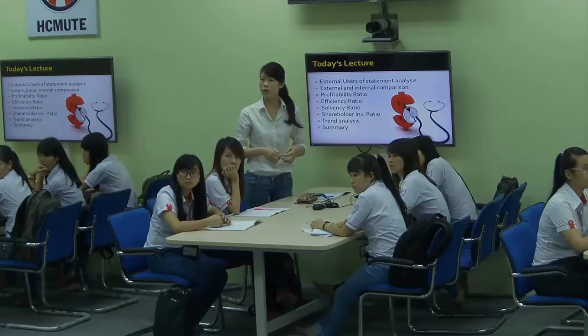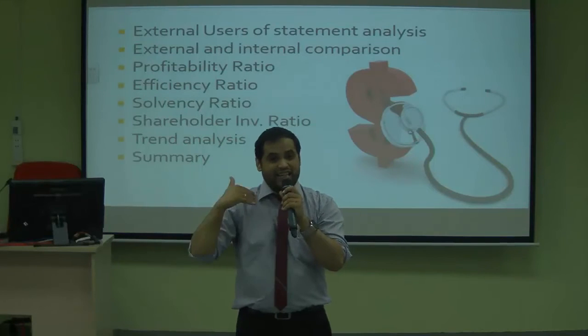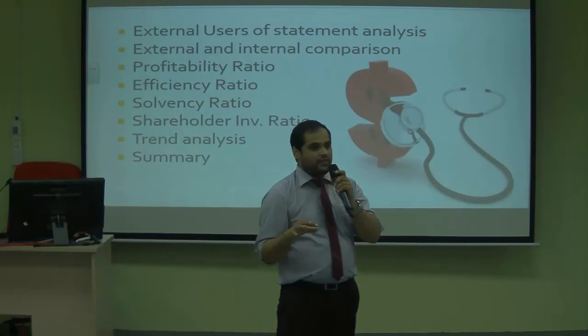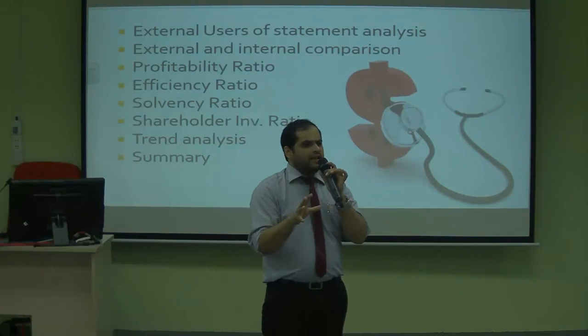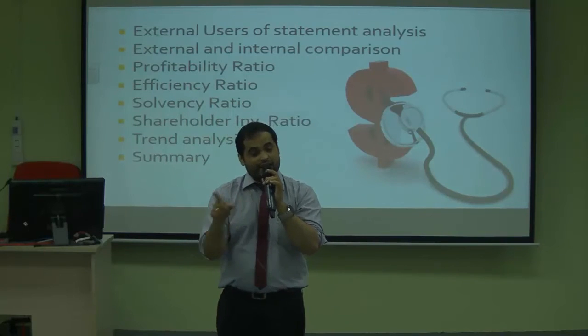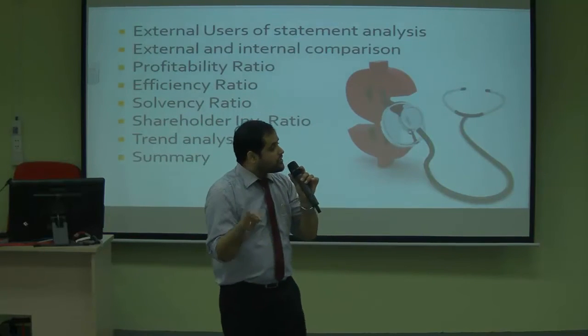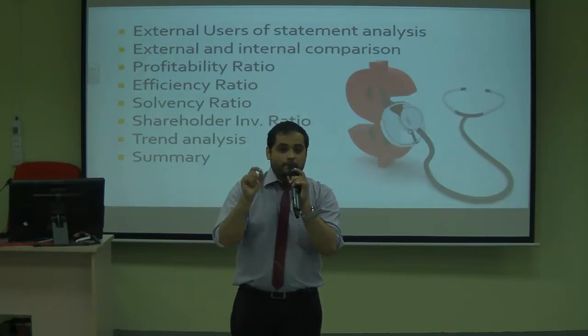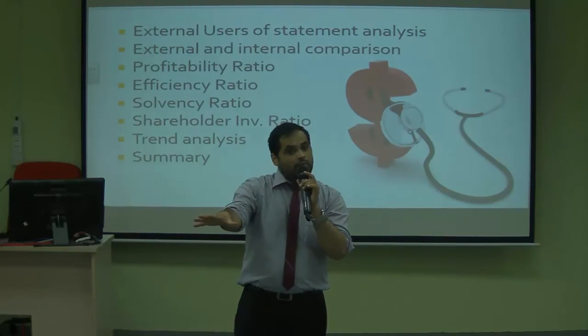Shareholders are external users, not internal users. Many students are confused about shareholders. So internal or external, all right? So we prepare financial statements for users, internal and external. And different users have different decision-making needs on the company financial statement.